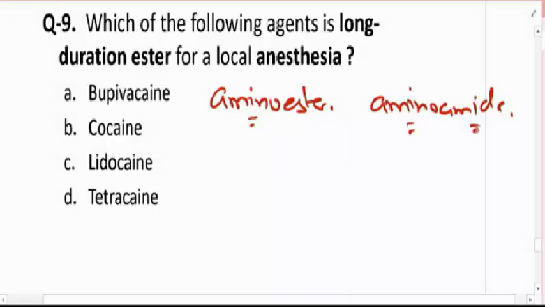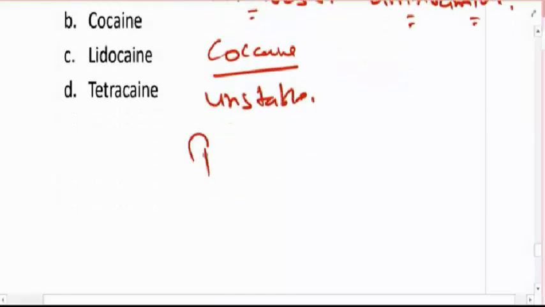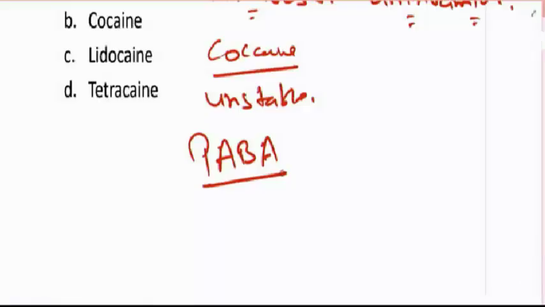Amino esters are metabolized by plasma pseudocholinesterase except cocaine, which is metabolized in the liver. They are unstable compounds and they are metabolized to para-aminobenzoic acid, which is responsible for the high incidence of allergic reactions.